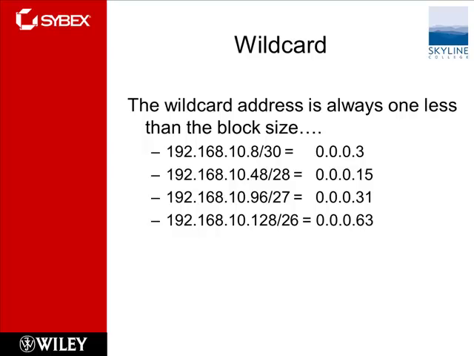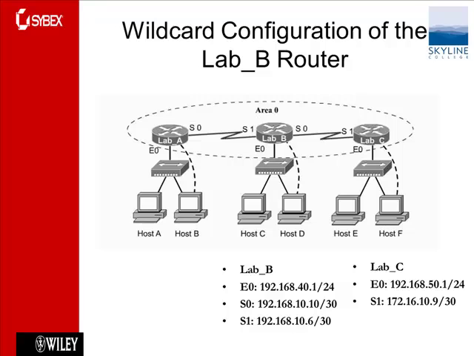For the 30 bits of 255.255.255.252, if you subtract the subnet mask from 255, 255 minus 252 is 3, so you get 0.0.0.3. If you have trouble, just subtract the subnet mask from 255.255.255.255, and that'll give you the wildcard mask.